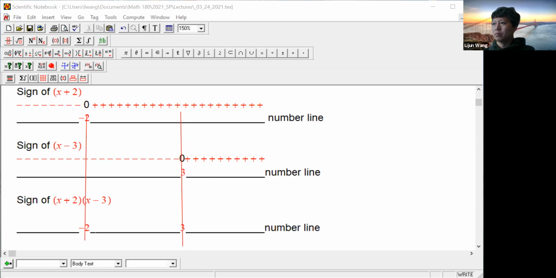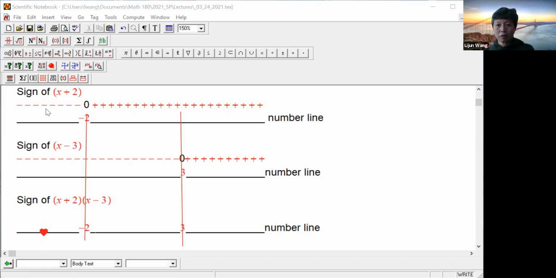Now, I'm going to pick a number from here, and I plug in x plus 2 and x minus 3. Say I pick -7, and I plug in x plus 2 and x minus 3.